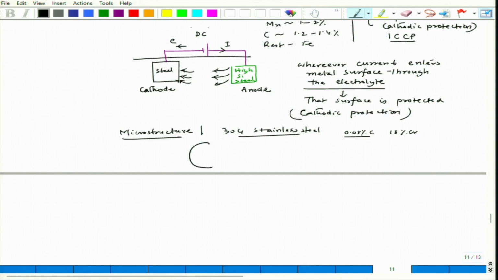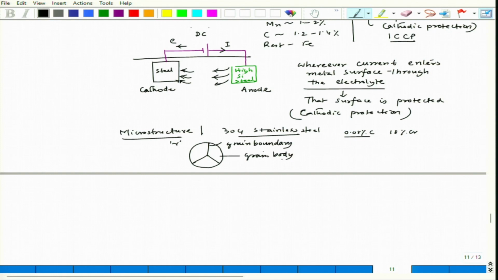So, that means if we see a microstructure, so this is let us say a microstructure, and of course, this is a multigrain structure or polycrystalline structure, okay, and everywhere it is austenite, and these are the grain boundary. And this is grain body.